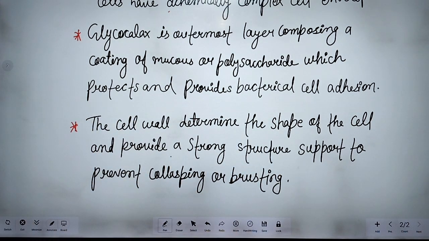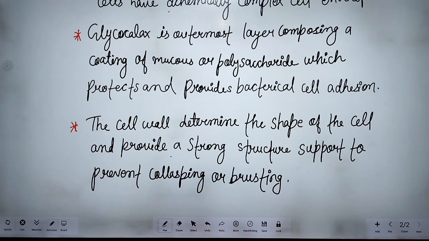Here is about the cell wall: what is the role of the cell wall in the bacterial cell? Because here is the glycocalyx, which is already the hardest, or we can say the most protective, layer of the bacterial cell. Then what is the use of the cell wall? The cell wall determines the shape of the cell and also provides strong structural support, that is, to prevent collapsing, or we can say bursting.